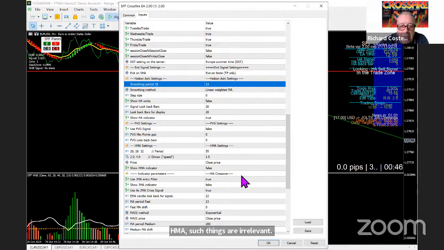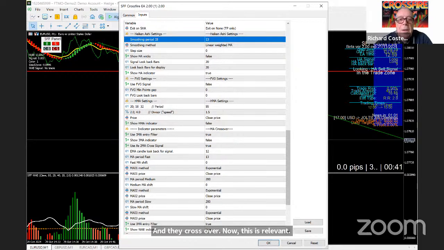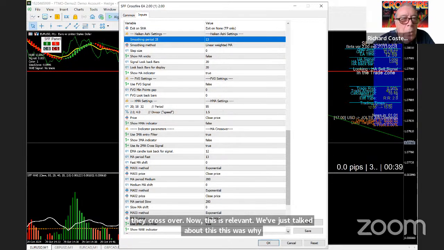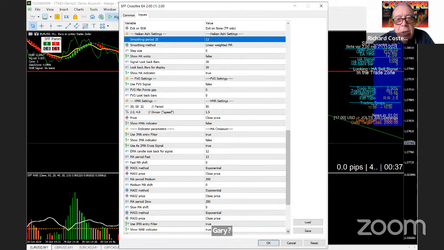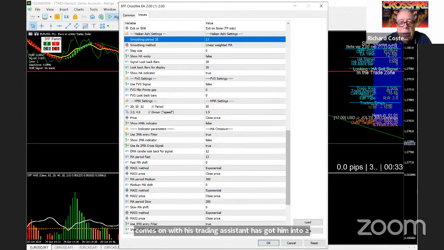MA crossover. Now, this is relevant. We've just talked about this. This is why Gary, who's on with us, as his trading assistant, has got him into a trade on all 4 pairs whilst we've been on this session, and mine didn't get me into any. And the difference was that I've got the 3MA filter on true, and I've got the 2MA on true as well.